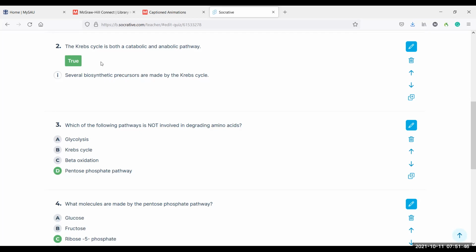Then there's another Krebs cycle intermediate called alpha ketoglutarate. That's used to make glutamate. And it's also used to make glutamine.